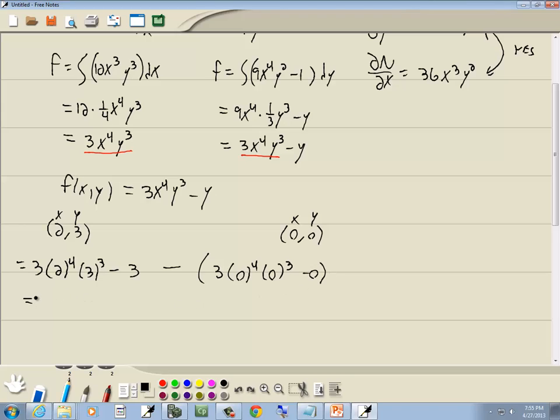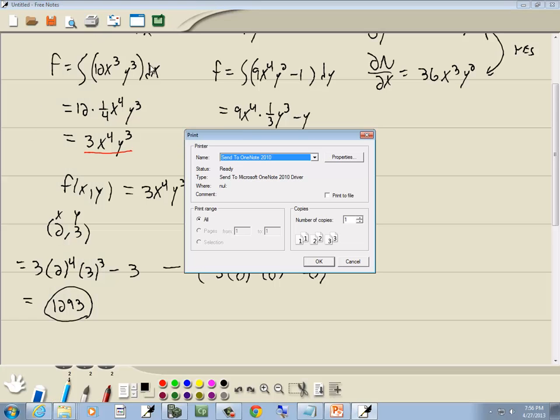Let me plug this in my calculator. 3 times 2⁴ is 16, times 27, minus 3, gives us 1293, assuming I typed it in correctly. And that would be the work done. I'll go ahead and save that.